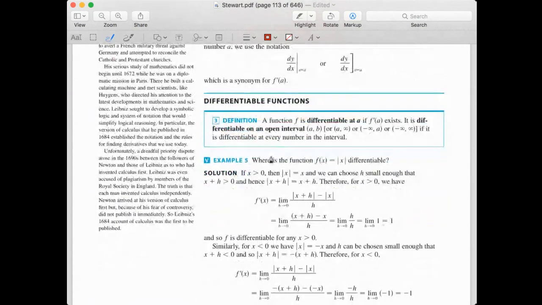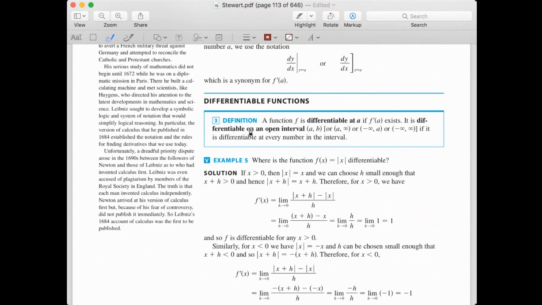Okay, let's see this one. Definition: a function f is differentiable. Differentiable means we can take a derivative, right? It can be differentiated. A derivative exists. If a derivative exists, it requires a limit to exist. If f prime of a exists, f is differentiable at the point a.